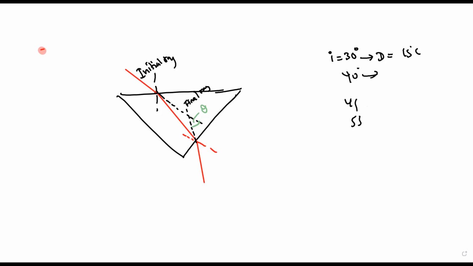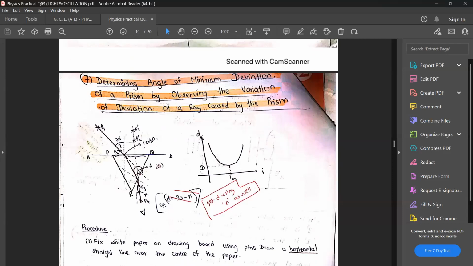In this practical, what we are basically doing is determining the angle of minimum deviation. If the incident angle is 30, there is a certain deviation; if it is 40, there is a certain deviation. But at one point you will get the minimum deviation. This is how you draw the graph. When the incidence angle is 10, you have a very high deviation.